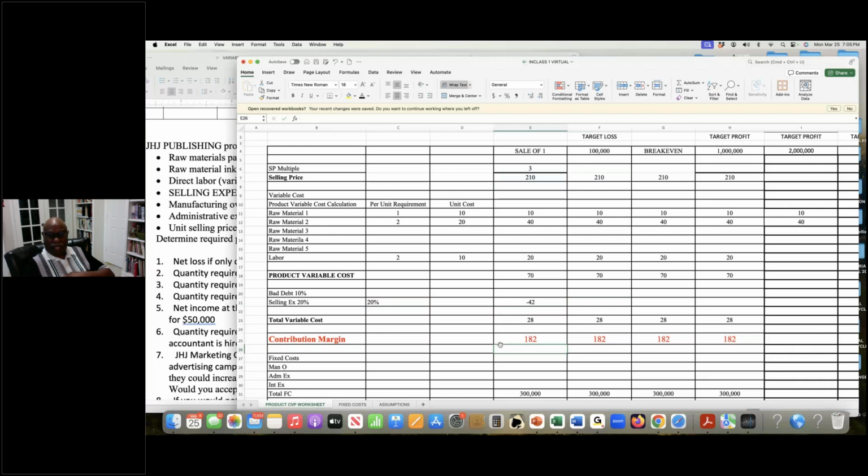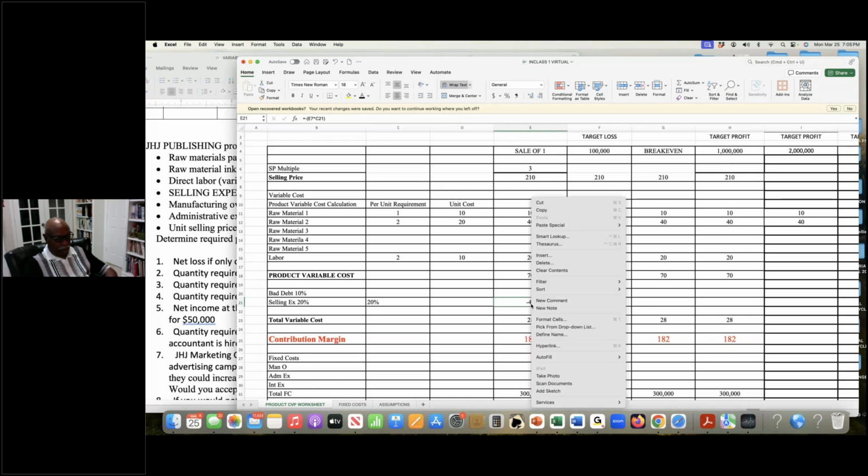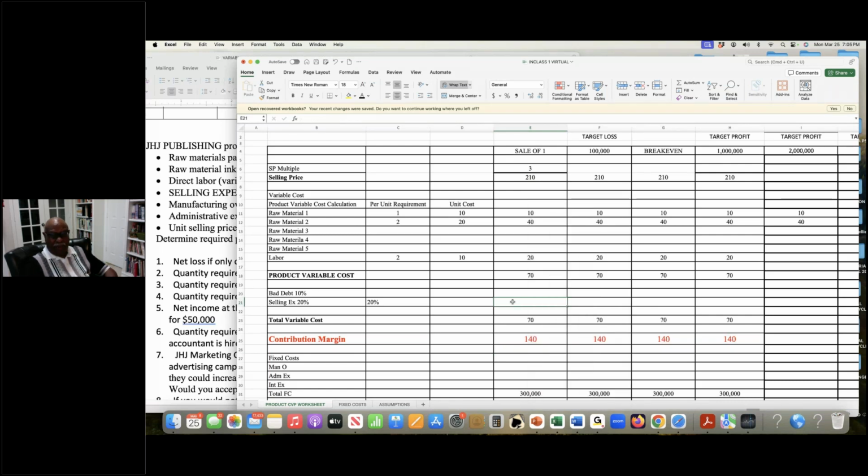Let me clear the contents. Equal, parentheses, 210. So it's 42. And so now, if everything is done correctly, my contribution margin is 98.